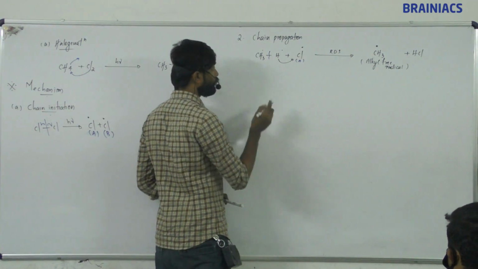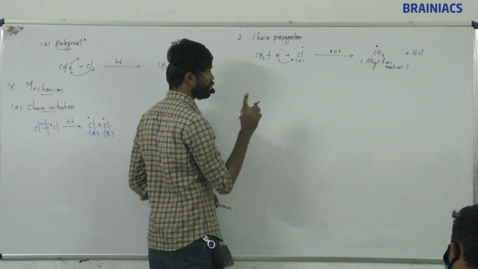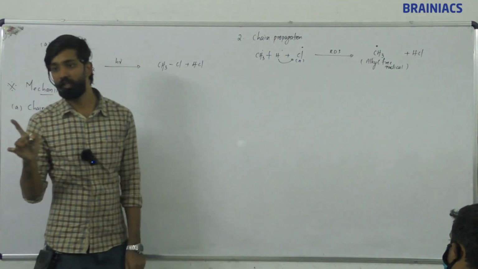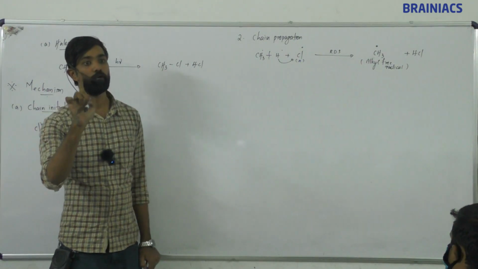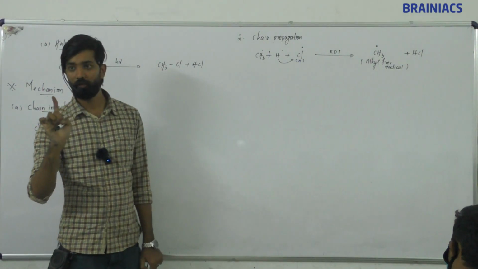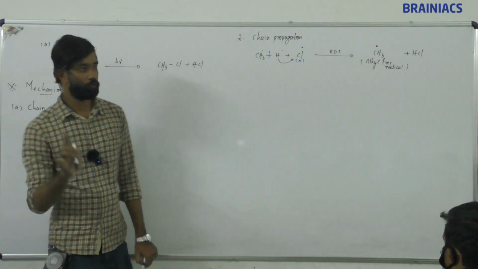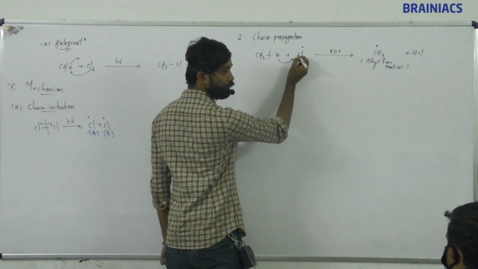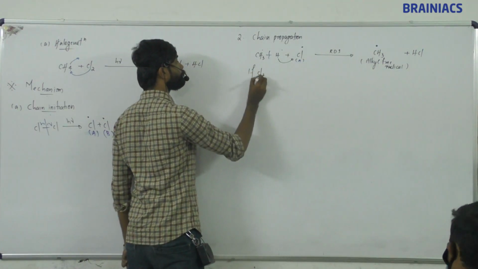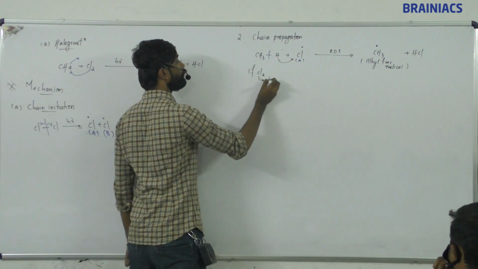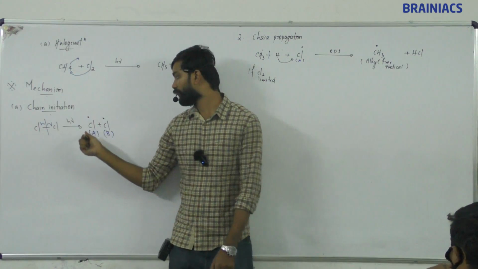Now the next step in the propagation. Listen carefully: if chlorine is limited, you are given only one Cl2, one chlorine radical is consumed, the Cl A is consumed, right?